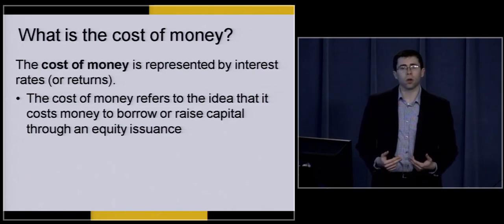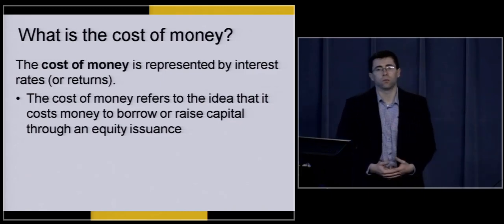Now, the reason we call interest rates the cost of money is because in order to raise the cash to fund that capital, you have to pay whoever is lending you money, or offering you money if we're talking about stock, some compensation for them giving up their money today. So that interest rate that we talk about in the case where we borrow money from a bank or we issue a bond, that interest rate is the cost of those investors giving up their money, their ability to consume today.